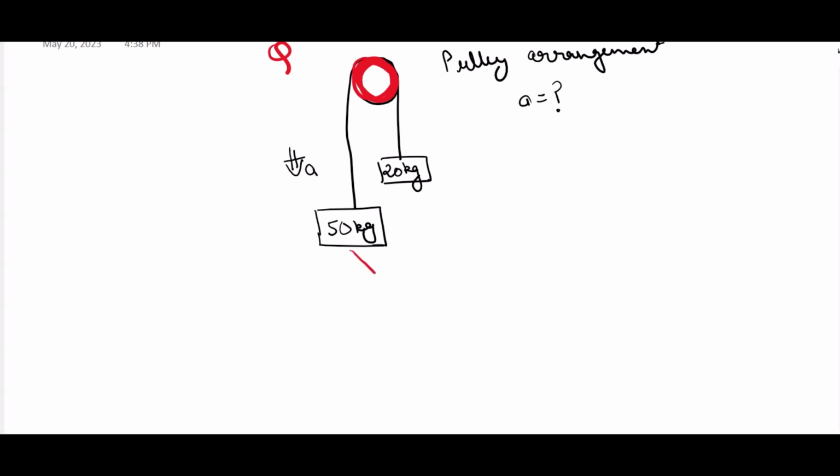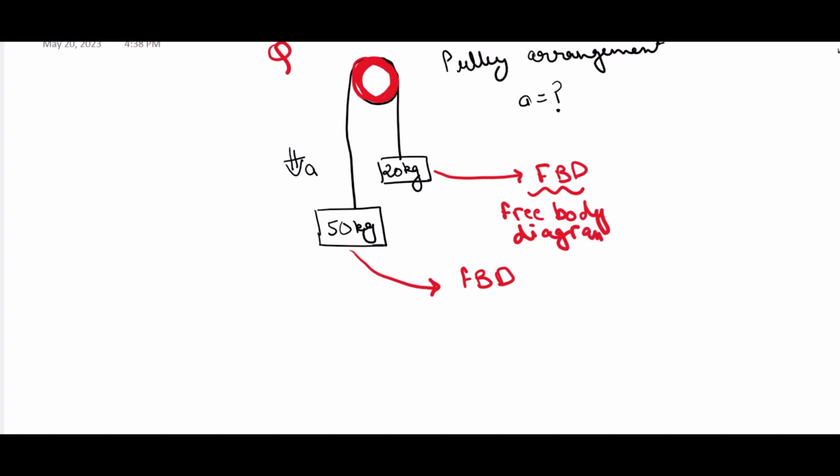So how I would like to start the question is make a FBD of both the blocks. What a FBD is, it's free body diagram. Free body diagram means just showing the body and the forces acting on it, nothing else.